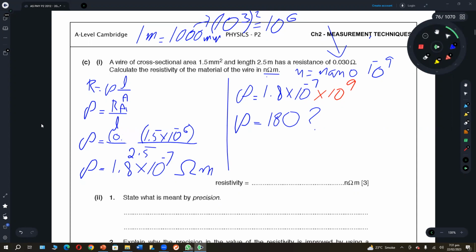So it is 0.03. You have to make a correction. So the power, only the power will change.